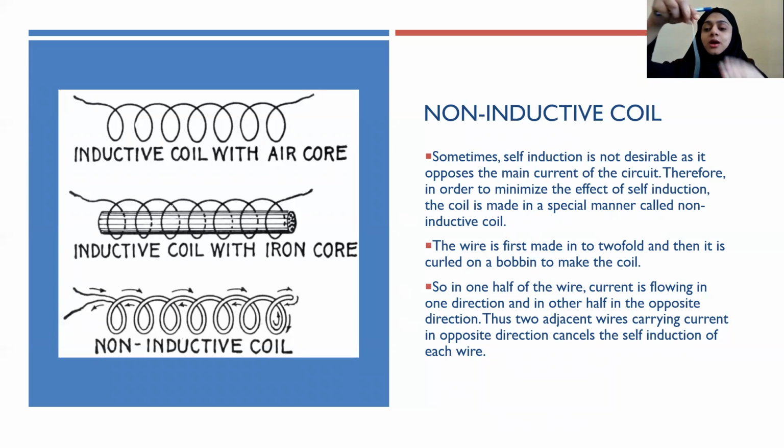Okay, so first of all, let us consider this is a coil of wire. Then we have to make a two-fold of it like this. And then wound this two-fold on a bobbin. So I'm going to wind this two-fold on a pen like this.